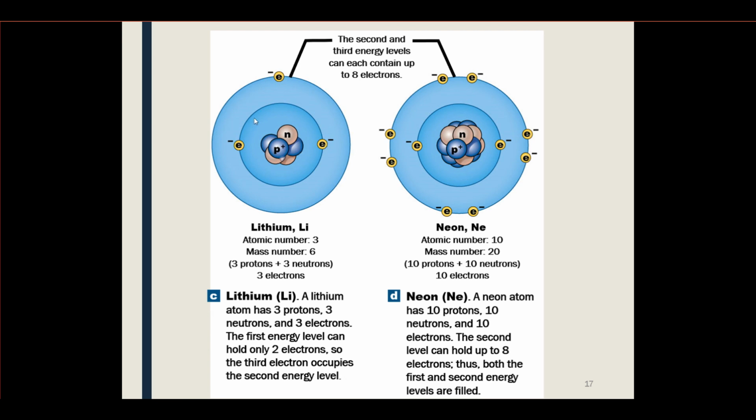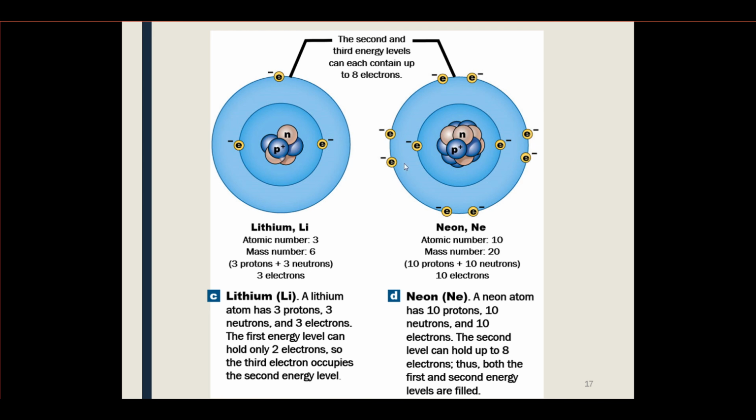But notice, guys, this first shell is full, whereas that third electron is in the second shell. Okay, so it's not in the same energy level. And then we could also figure out the number of neutrons. If you take a look at your periodic table, lithium has a mass number of 6. So how do we get the neutrons? Just take the mass number, subtract the protons, that gives us the neutrons.